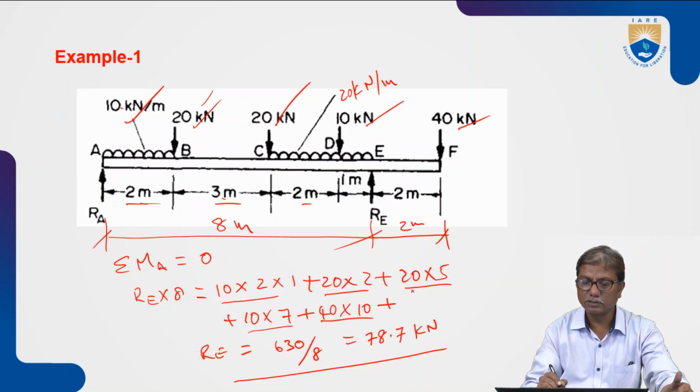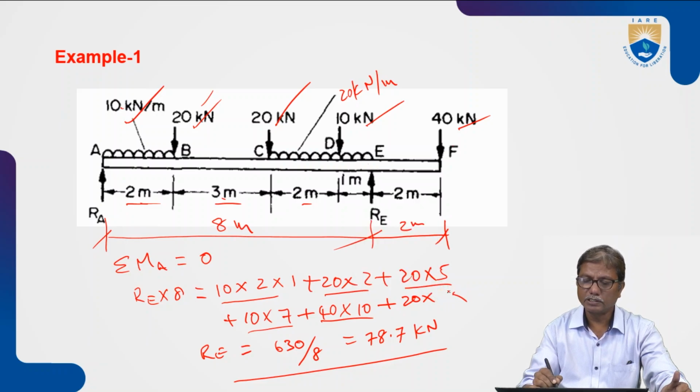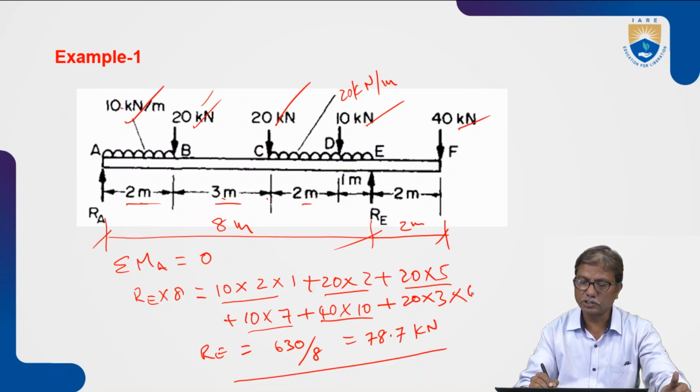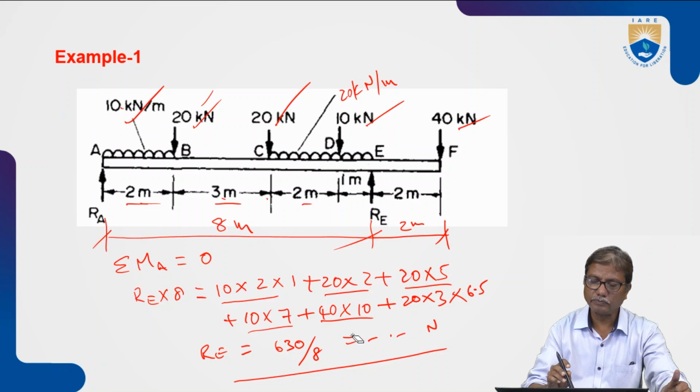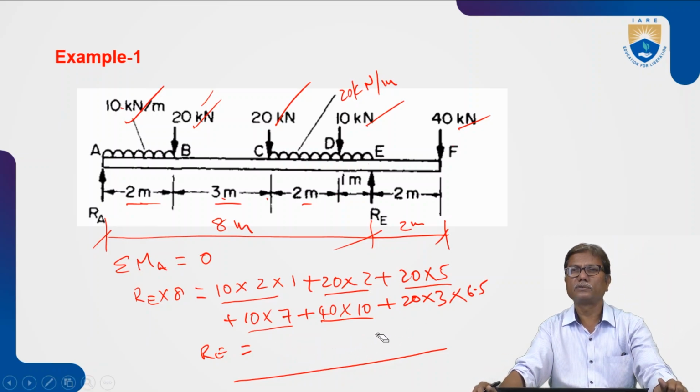Let us consider that also. 20 into the length 3, and the distance is 5 plus 1.5, 6.5.